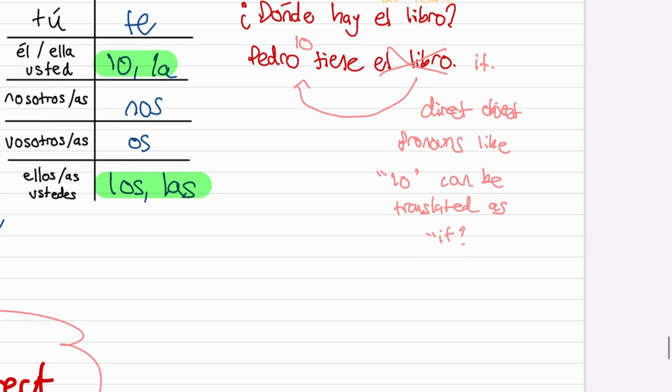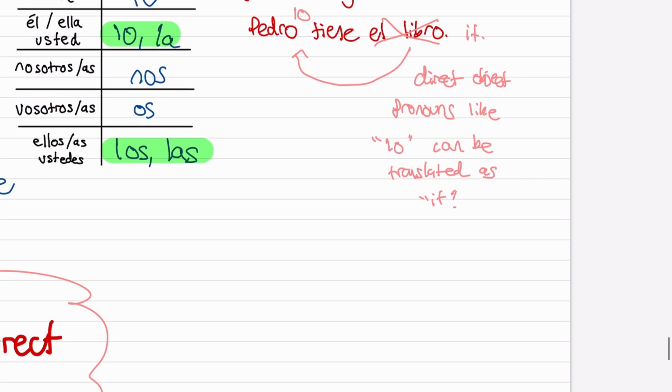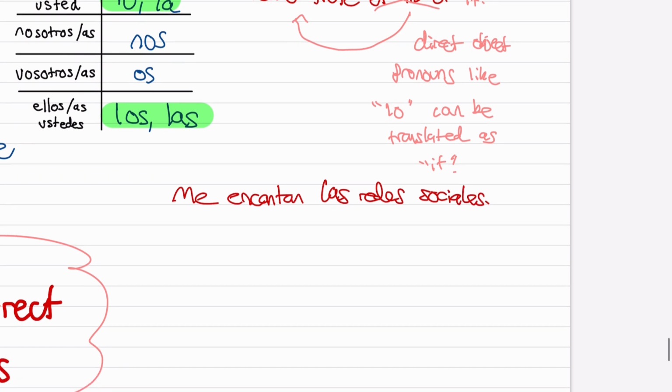Let's do a couple more examples. So still having the direct object pronoun before conjugated verbs, let's say the sentence me encantan las redes sociales. So I love social media. This is plural feminine, isn't it? And then in a second sentence we can say uso las redes sociales mucho.